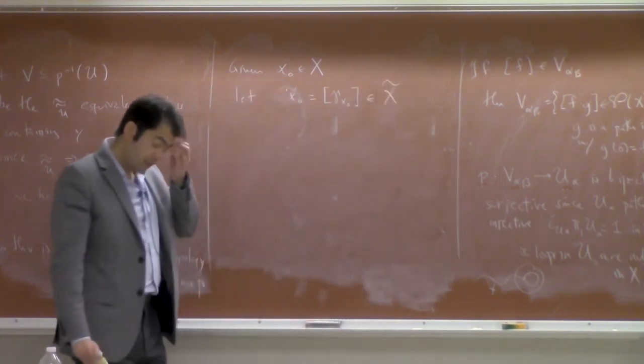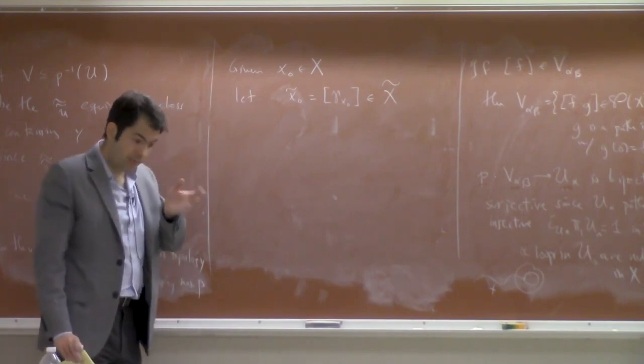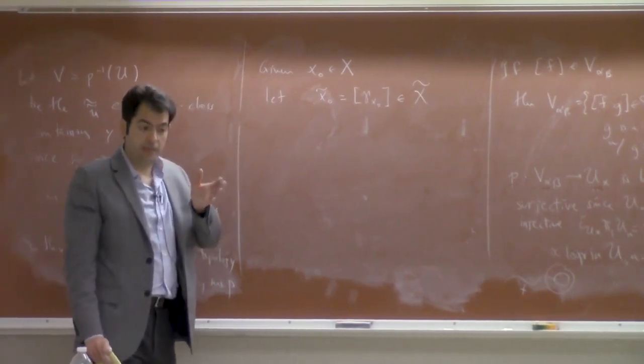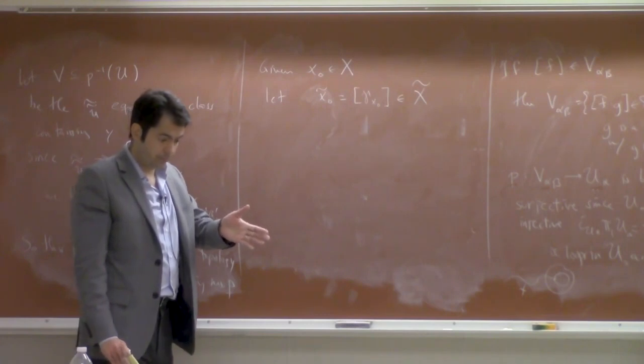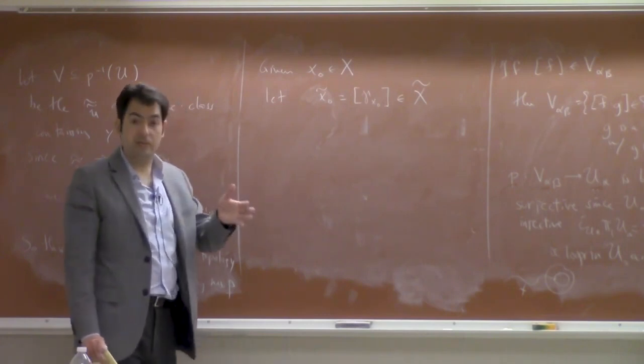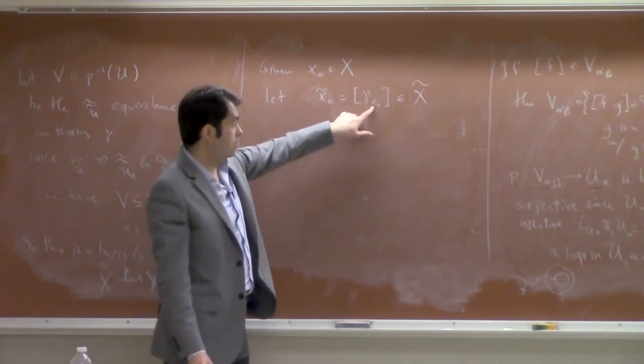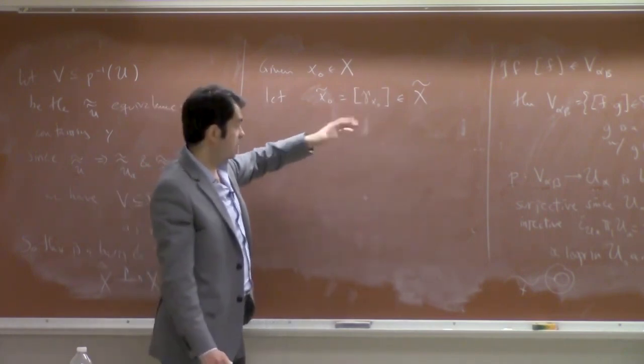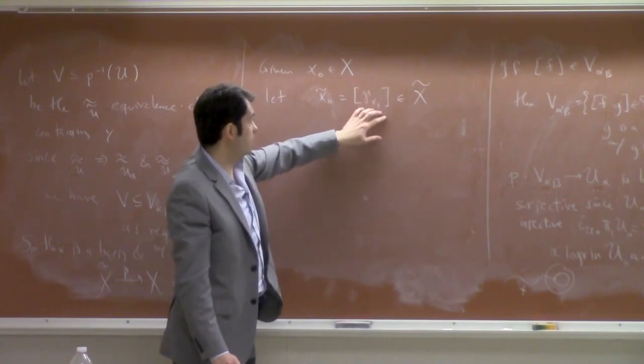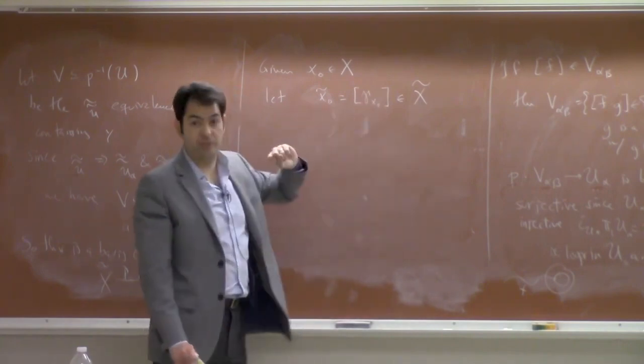So X tilde consists of path homotopy classes of paths starting at X naught. So the constant path starting at X naught is such a thing, and so it has an equivalence class, and we'll just let that be the base point upstairs.